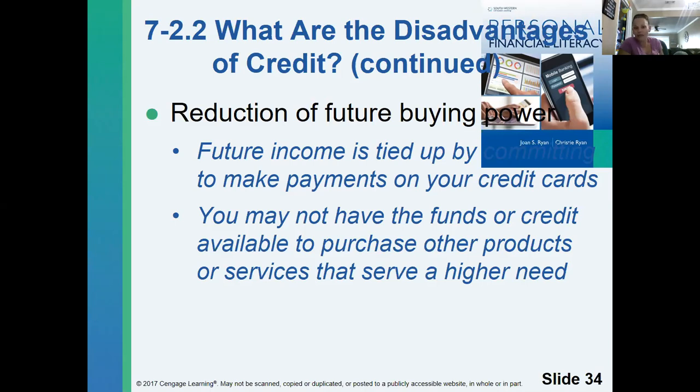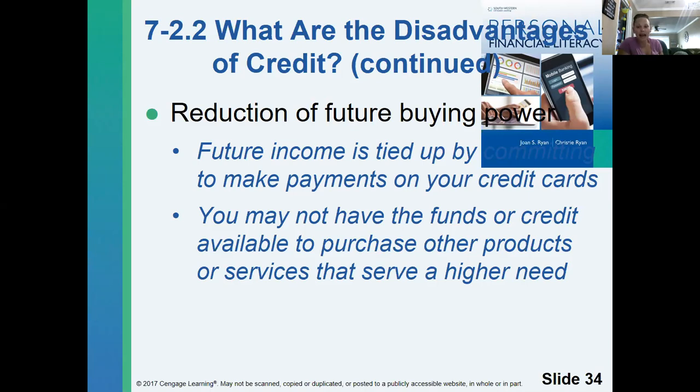That's a lot of money that's already spent, right? When you get paid, $2,000 of your paycheck is already going straight to your home for the next 30 years. And so if something else comes up down the road, you may not have money to pay for it.